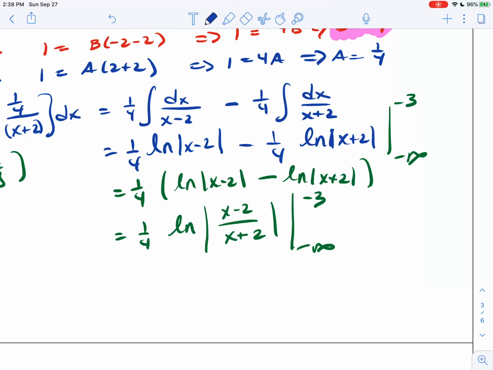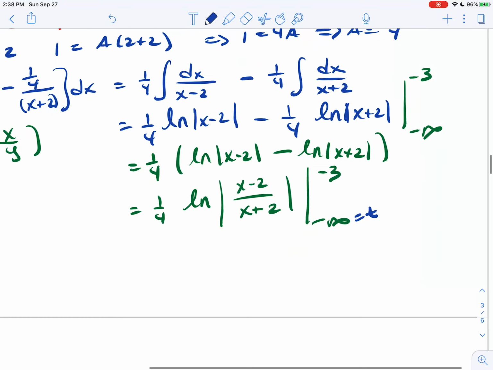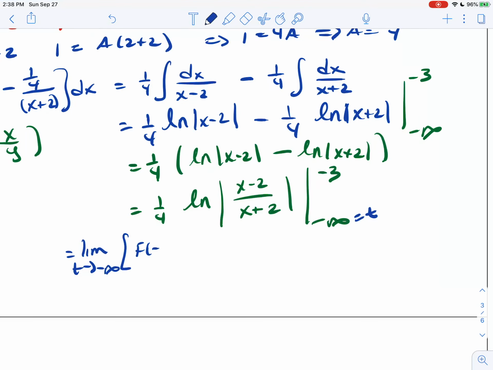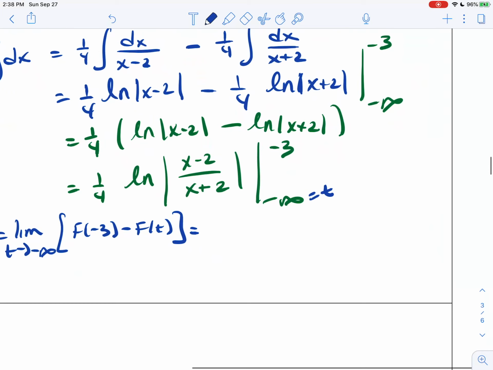If I let my -infinity equal t, this is going to be the limit as t goes to -infinity of f of -3 take away f of t, from my definition of improper integrals.